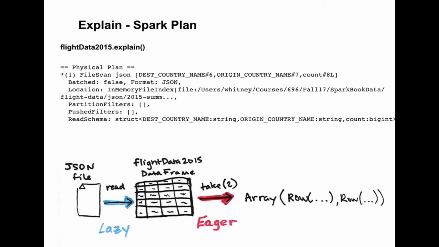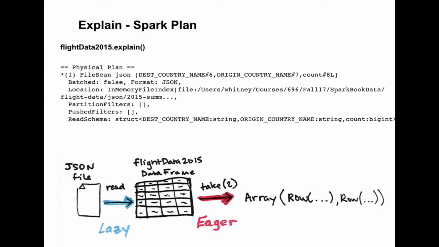When you say take two, it says, give me the first two rows of that data frame. Oh, okay. This is short, yeah. Well, but we have to be careful. Remember, first of all, this data frame doesn't exist yet.